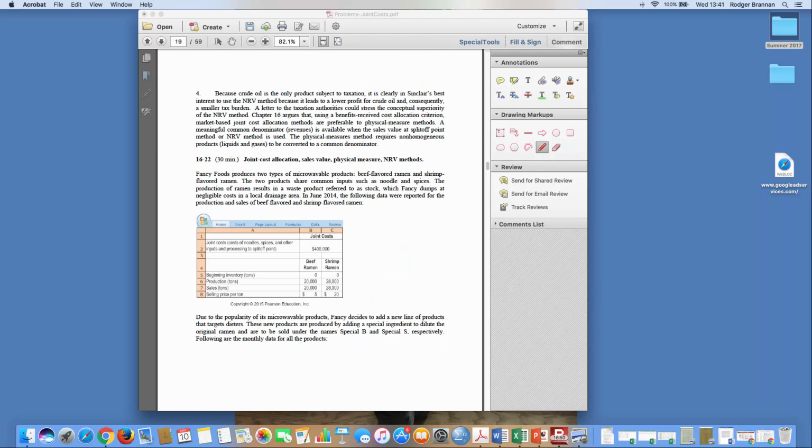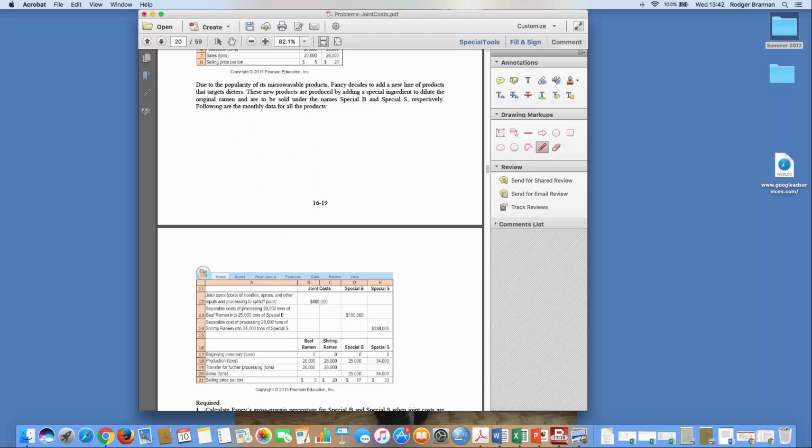Okay, so we're going to look at number 22, which looks at several methods of allocating joint costs, namely the sales value at split-off point, the physical measures, and the net realizable value method. The joint costs here are 400,000. They give you some inventory figures here. Production of 20,000 of the beef, 28,000 of shrimp, also their respective selling prices of 5 and 20.